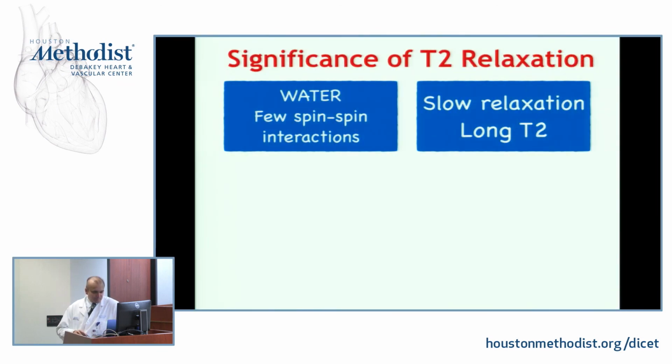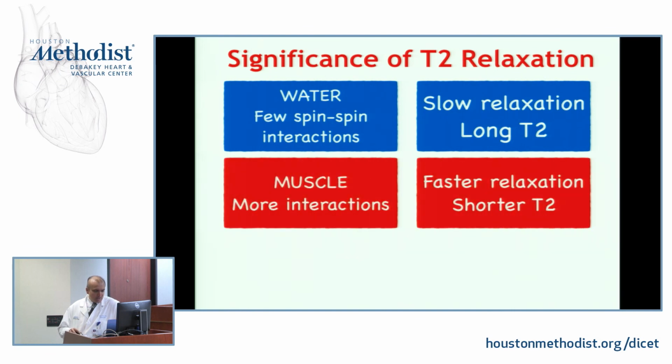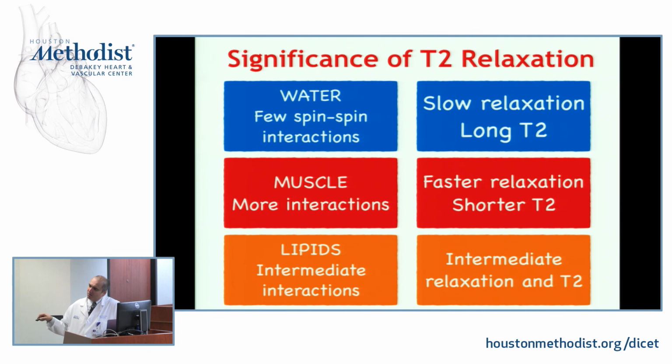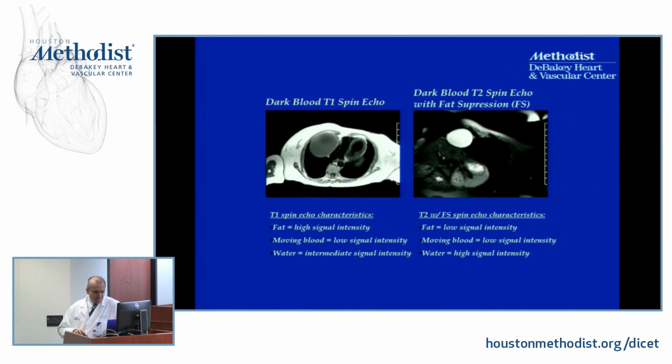To summarize, the significance of T2 relaxation is that it's slow relaxation in water because there's very few spin-spin interactions, whereas it's intermediate or shorter relaxation in muscle where there are more spin-spin interactions that can occur.